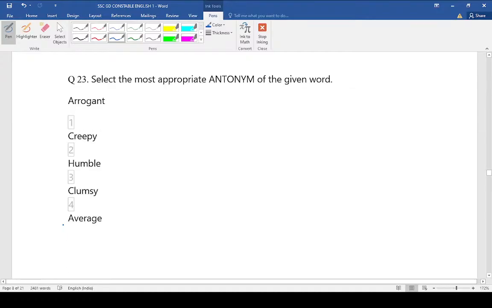Select the most appropriate antonym of the given word: arrogant, who can't hear other words, very reckless. Antonym means the opposite word.